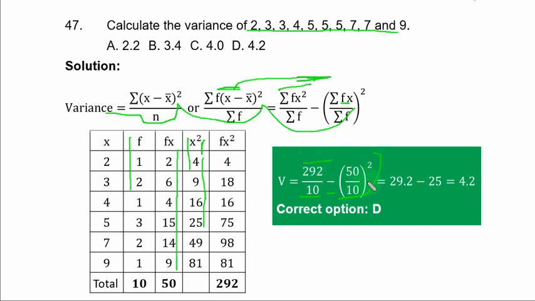You divide this, you have 29.4. You divide this, you have 5. If you square it, you have 25. If you subtract, you have 4.2. So D is the correct option.